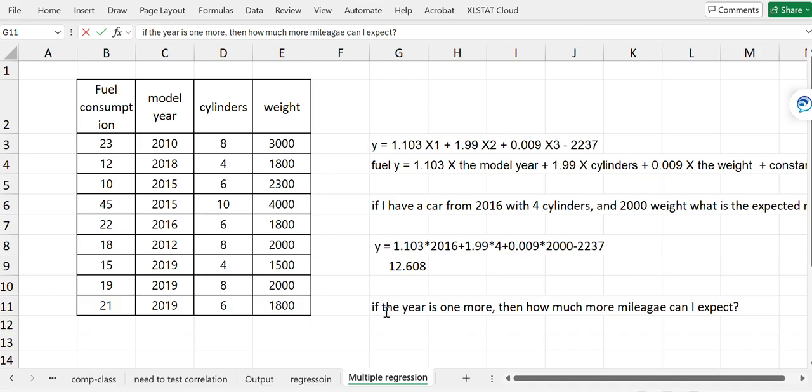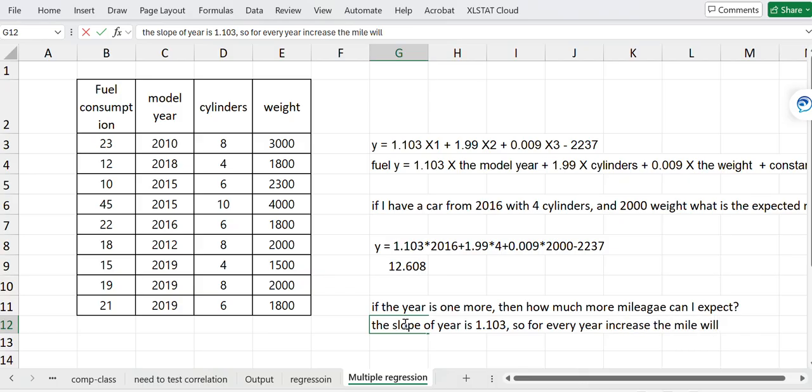Okay, so now let me type down the answer here. If the year is increased by 1, then the slope of year is 1.103. So for every year increase, the mileage will increase by 1.103.